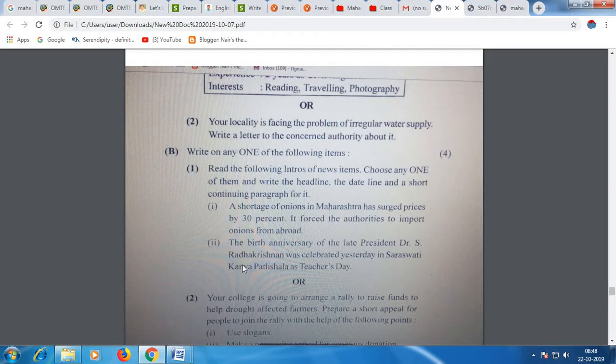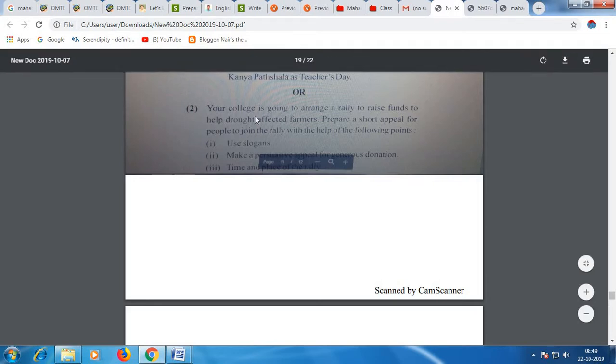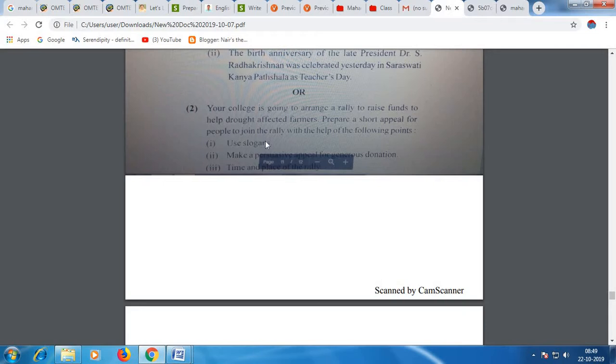One is about shortage of onions in Maharashtra, and the second one is the birth anniversary of the late president Dr. S. Radhakrishnan. In the option we have: your college is going to arrange a rally to raise funds to help drought affected farmers. Prepare a short appeal for people to join the rally with the help of the following points. Use slogans, make a persuasive appeal for generous donation, time and place of the rally.